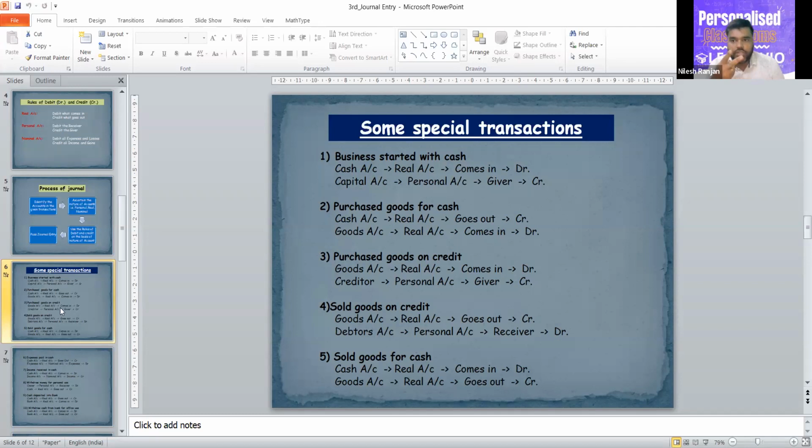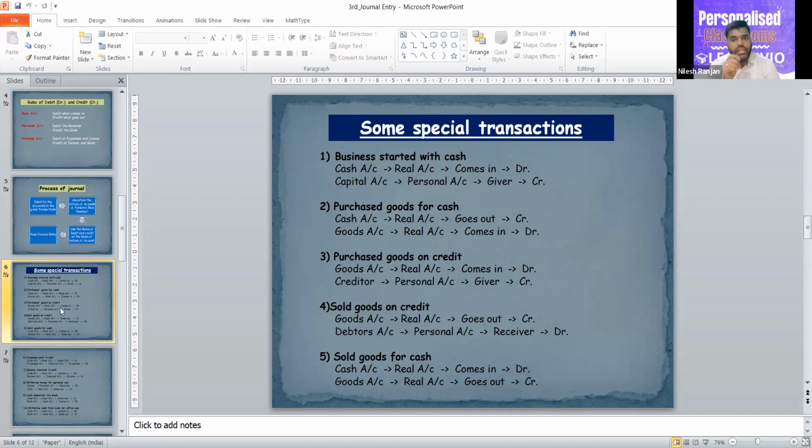So there are two accounts affected, goods and cash, and both of these are real accounts. So we have to apply the rule of real account, debit what comes in, credit what goes out.